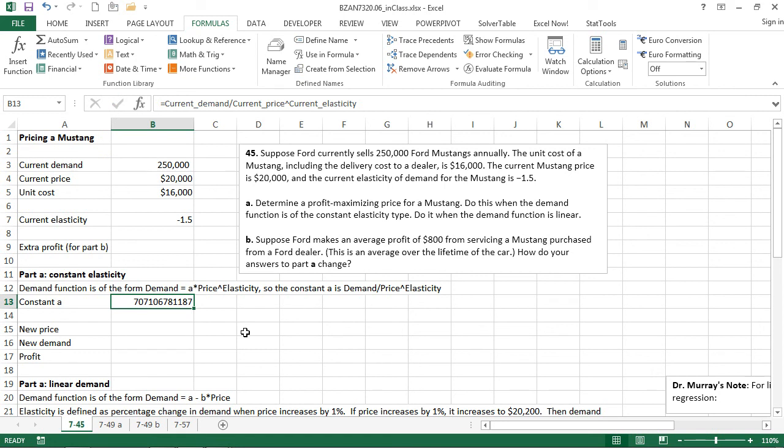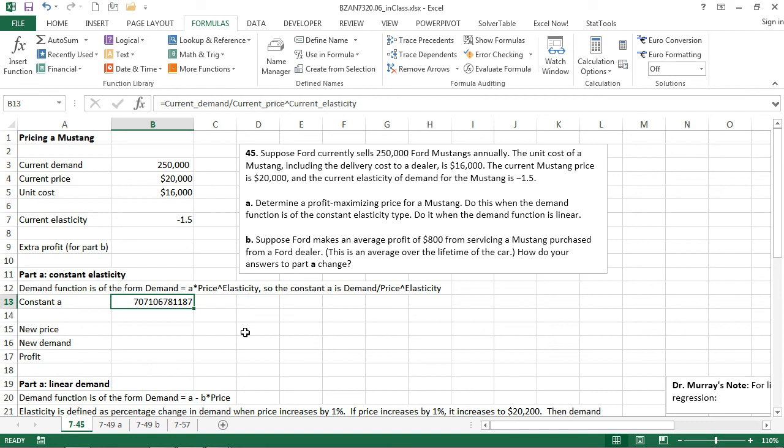And when we do that, we get this really humongous number. I've got to be honest with you, the first time I saw this number, I said, that can't possibly be right. But then I looked at it and I said, well, no, wait a minute, because I've got 250,000 demand, I got 20,000 price. Maybe it is right. So let's see.